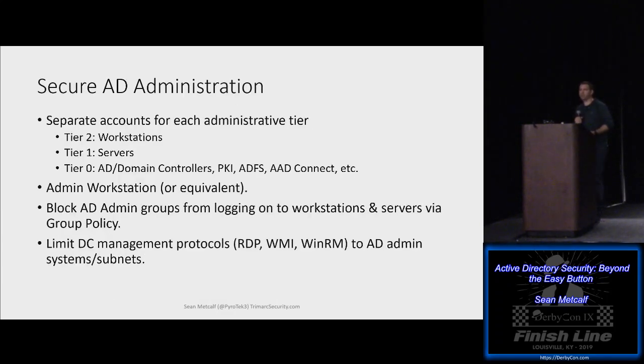We want to make sure that we do some sort of tiering, that we isolate our Active Directory admins or domain admins. So here's the thing. Domain admins only get their rights through the domain administrators group. The domain administrators group is the one that has Active Directory admin rights and has DC admin rights. So if we can isolate and protect all of these groups that have the most privileged access in our environment, then we can be in good shape.